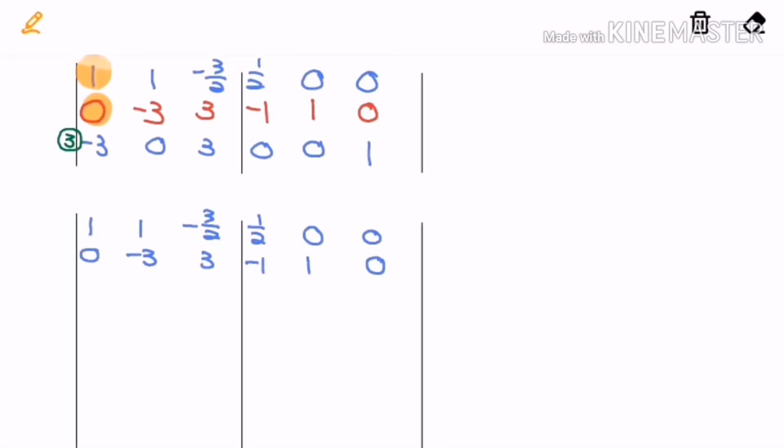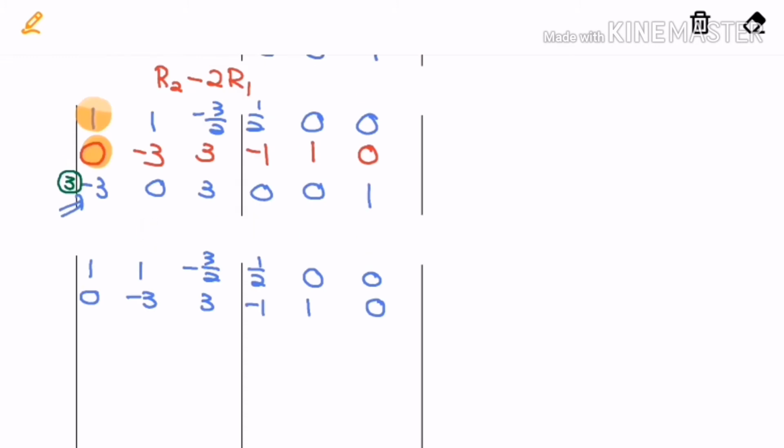Now we are going to focus on row 3. We are going to change it to become 0. Now we have to relate to row 1. So what is the formula? The formula will be R3, and we have to relate to R1.